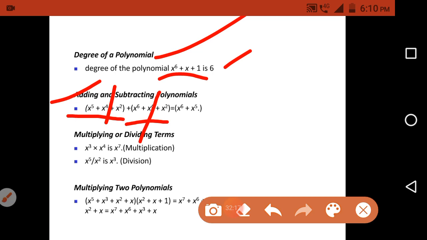Also the x2 terms are similar terms that we need to delete, and whatever terms are left, that is the result, that is x5 plus x6. So in addition and subtraction, we need to delete the similar terms.